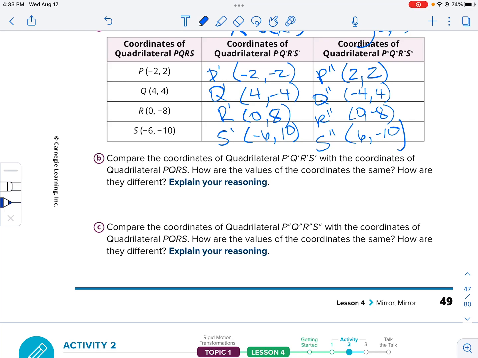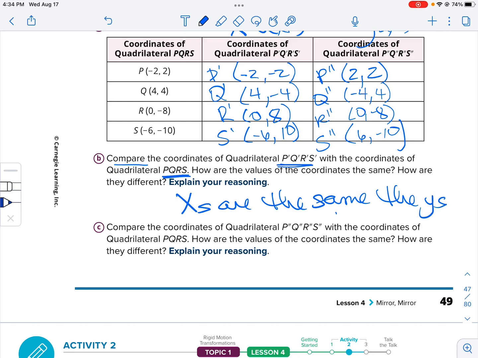Okay, we're going to compare the coordinates with this and with this. If I do that, the x's are the same. The y's are opposite. And that's with it going over the x-axis.